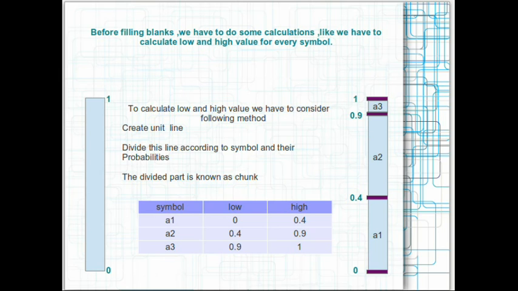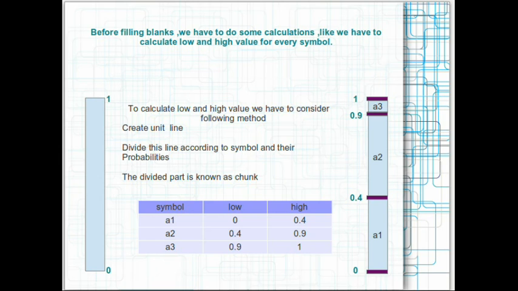The probability of A1, which is placed here, is 0.4. Therefore 0 plus the probability of A1, 0.4, gives 0.4. So I mark 0.4 here. Above this A2 stands. The probability of A2 is 0.5. Therefore 0.4 plus the A2 probability, 0.5, gives 0.9. And finally we add the probability of A3 to 0.9 and we get 1.